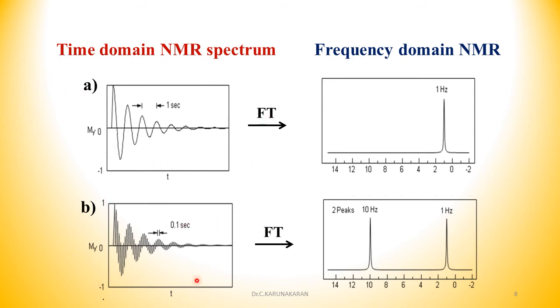Suppose you have two or three different types of protons. The nature of the FID signal will be different. With two different types of protons, on Fourier transformation you will get two peaks, meaning there are two different types of protons with different chemical shift values.